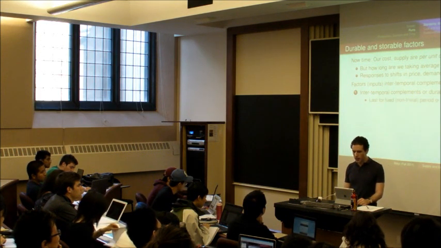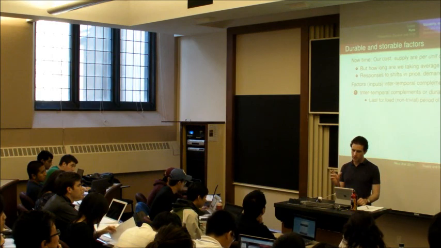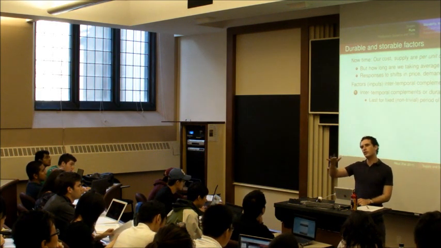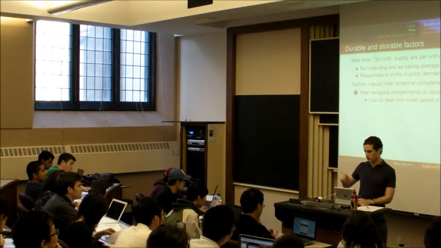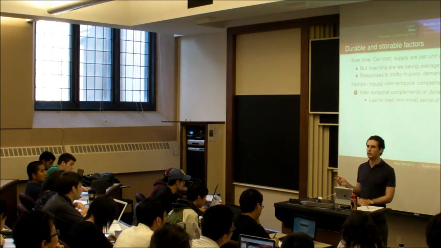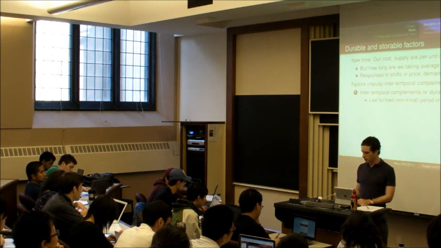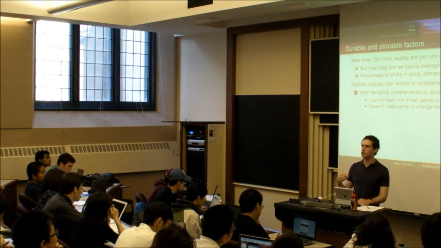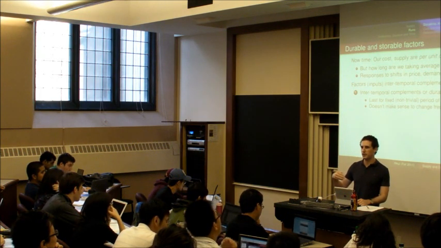A durable lasts for a fixed but not trivial period of time and gets worse as time goes on, right? And it depreciates with time, not with how many times you use it. What that means is that it doesn't make sense to change how many machines you have very rapidly, right?